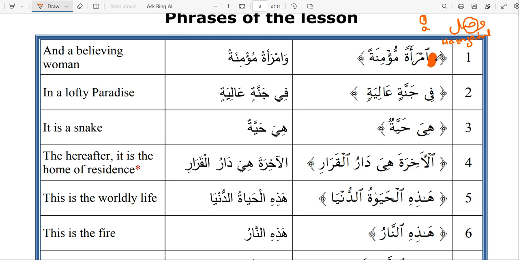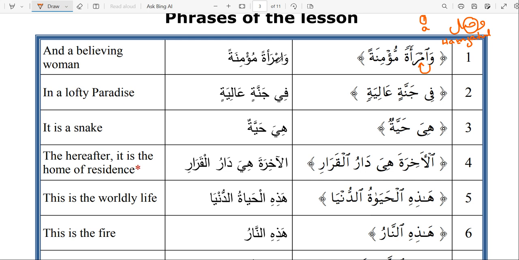If there is no wow here and this word is starting a sentence, imra, then you will pronounce the hamzatul wasl, imra'atan mu'minatan. Since there is a wow, I need to continue my sound from wow to meme. From wow, I directly go to meme. Wamra'atan. So these are the rules for hamzatul wasl.